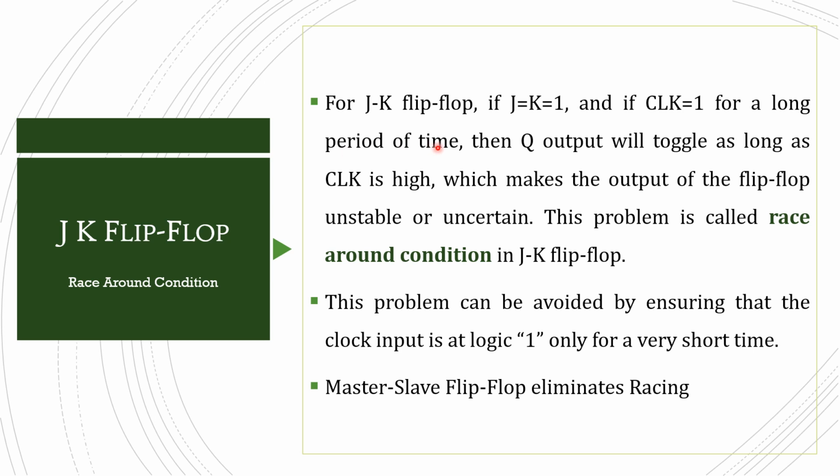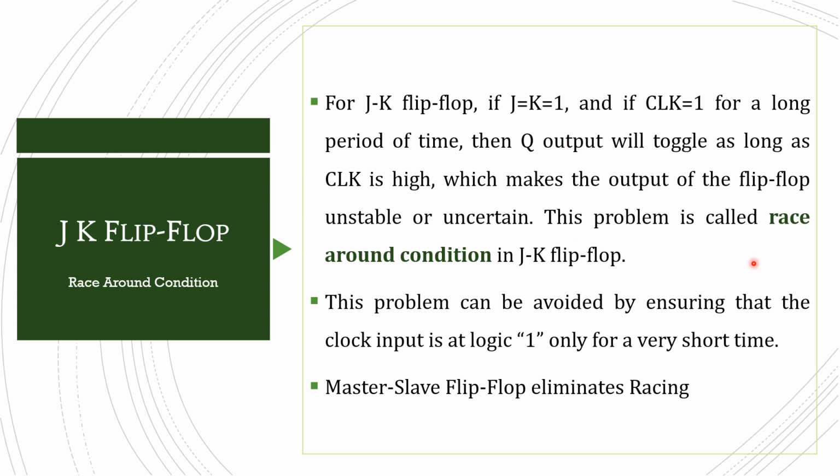For a JK flip-flop, if J is equal to K is equal to 1 and the clock is equal to 1 for a long period of time, then the Q output will toggle as long as the clock is high, because it is a level triggered flip-flop. If the clock signal is high for a long period and the inputs are J equal to K equal to 1, there is a chance of toggling more than once.